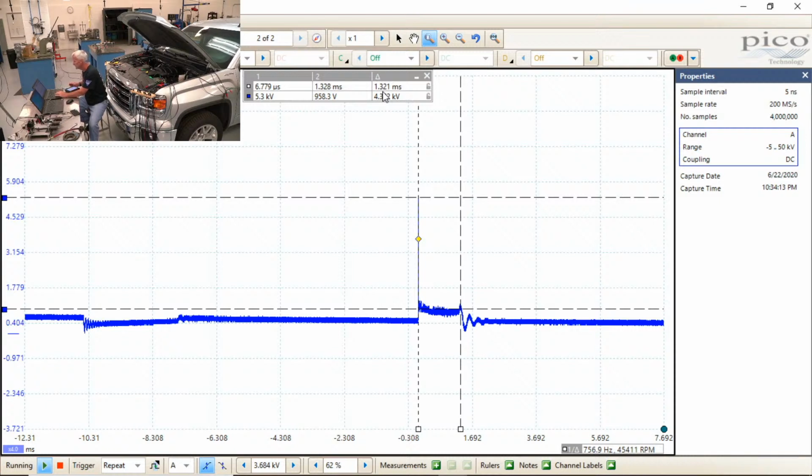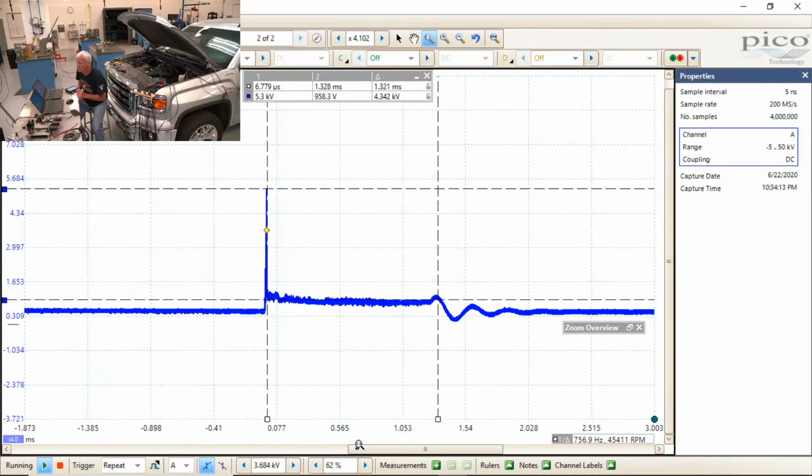There's only so much energy that we have in a coil. Initially the energy we require is going to ionize that gap, and then once that spark is established, it will maintain a spark as long as it has energy. And at the very end, where you see those oscillations up and down, it didn't have enough energy to maintain a spark at 1,000 volts anymore, so it just put itself out.